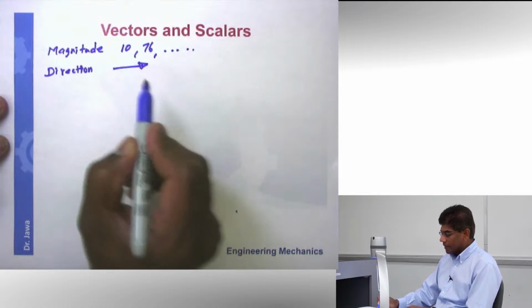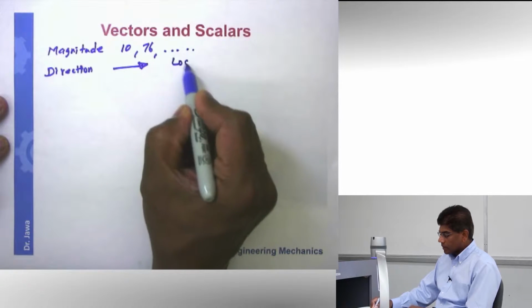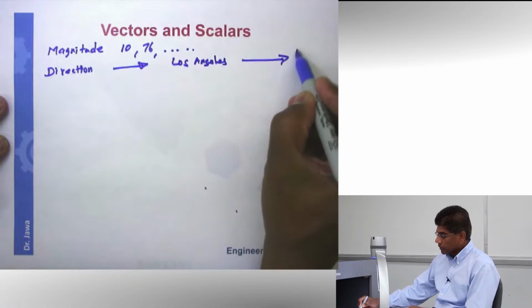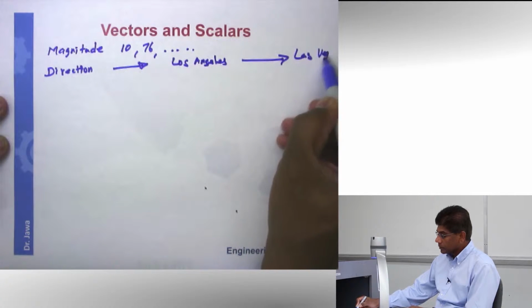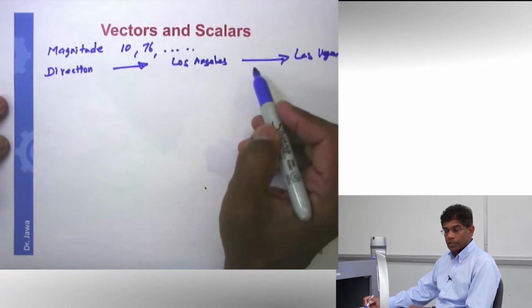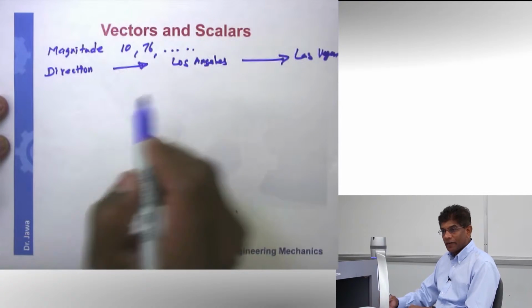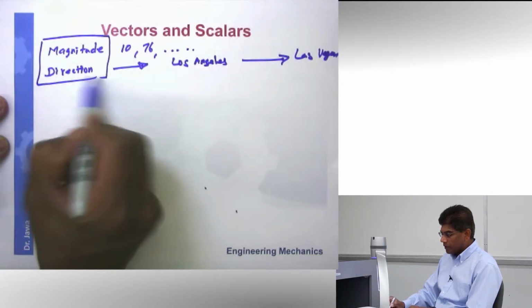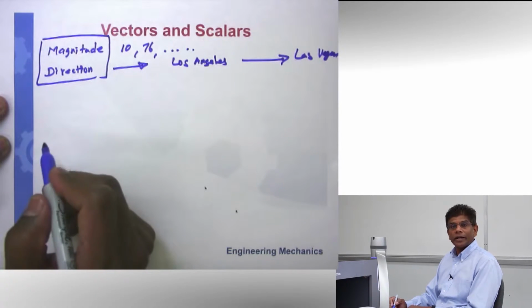In fact, I gave you an example of going from, say, Los Angeles to Las Vegas, right? That would be going east at a certain speed, which is like 50 miles an hour. That would be a vector. So any physical quantity, engineering quantity with magnitude and direction can be called a vector.